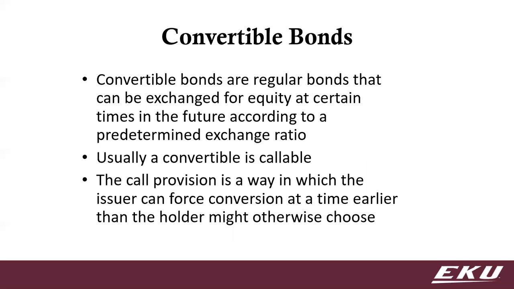Another way that you'll see options is embedded within a bond. A convertible bond, for instance, is a bond that can be converted into stock, right? So I'm a debt holder and I can turn myself into an equity holder. You can imagine if you had a company that was potentially going to take off, an investor might say, hey, I'll take the guaranteed return right now, but I'm willing to pay a little extra for this convertibility, so that I can turn this into equity.